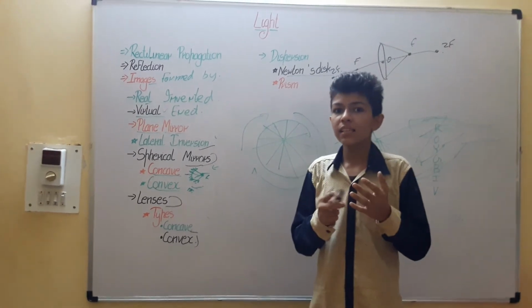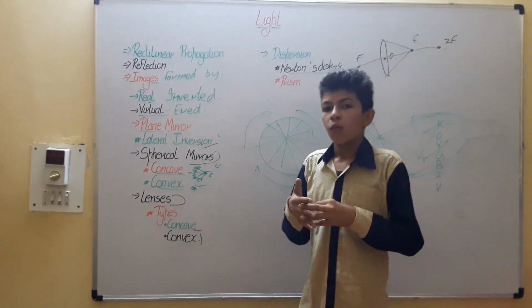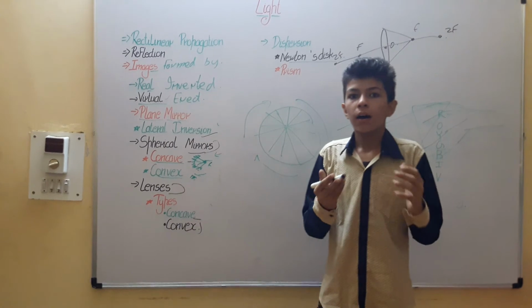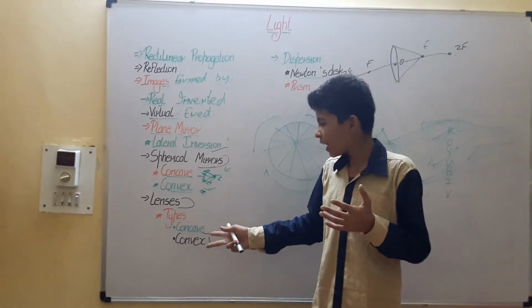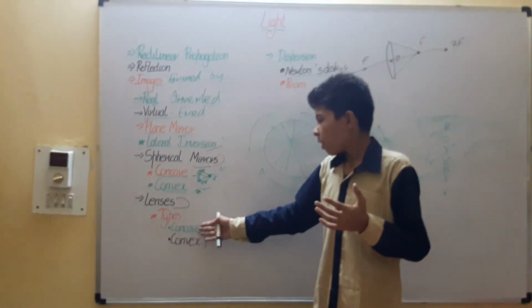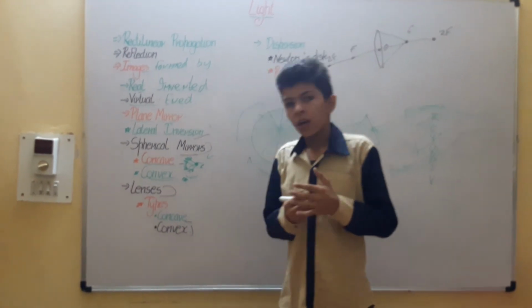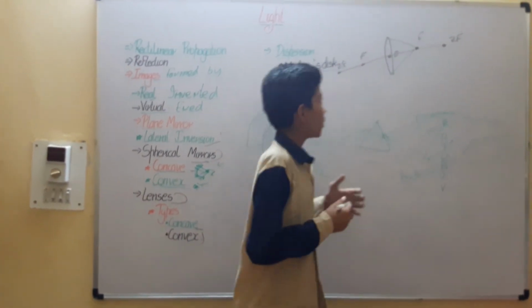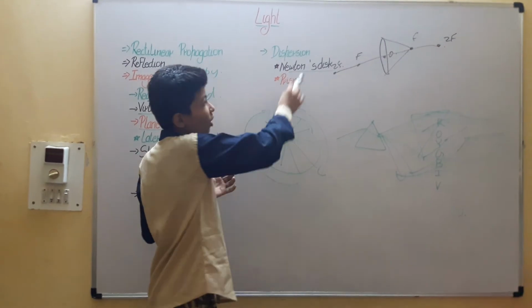Then we learned about lenses. What are lenses? What are the different types of lenses? But we have learned two only: double concave and double convex lenses. Then we learned about the dispersal of light.